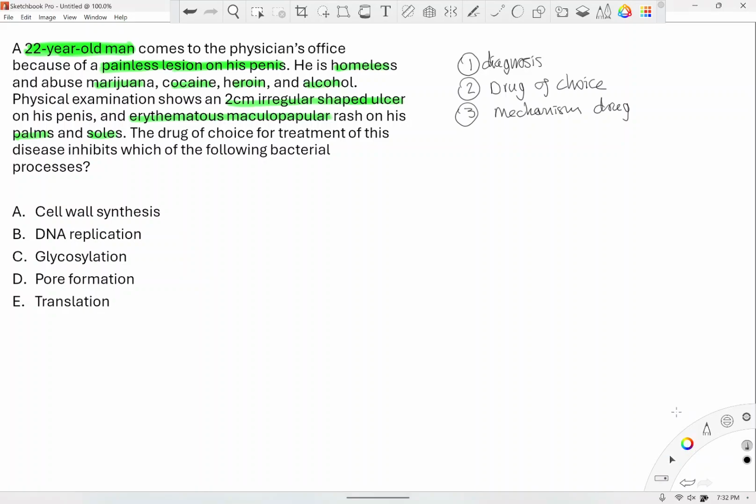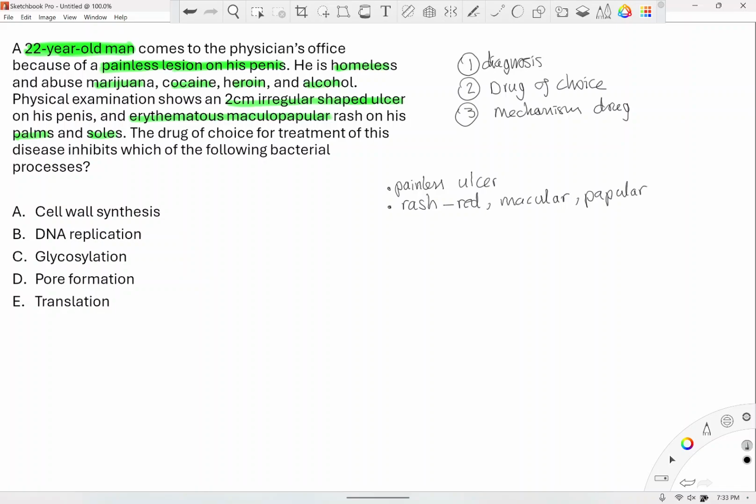Okay, so let's go to diagnosis. What is this diagnosis? We have a painless ulcer. It's one single ulcer that is irregular in shape. Plus, he has a rash. What kind of rash? Red, erythematous, macular, which means flat dots, and papular, which means raised lesions like pimples.